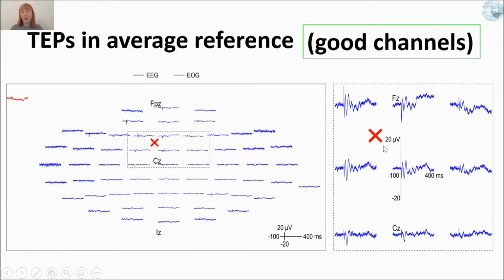In this way, we can see that the largest response is evoked close to the stimulated site and early after the pulse as compared to longer latencies. In addition, we can see that there is a left-right asymmetry in amplitude of TEPs, which is in line with the stimulation side.